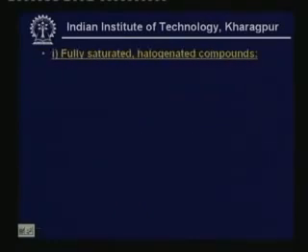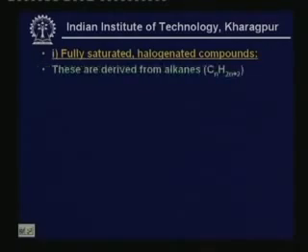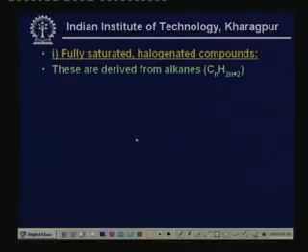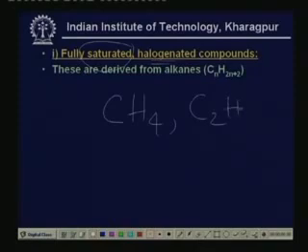First let us look at fully saturated halogenated compounds. These are derived from alkanes. Alkanes, as you know, have the general formula CnH2n+2, and examples of alkanes are methane, ethane, propane, etc. So what do we mean by halogenated?